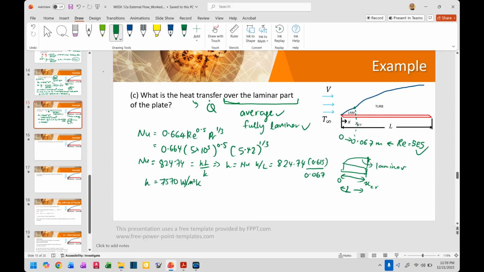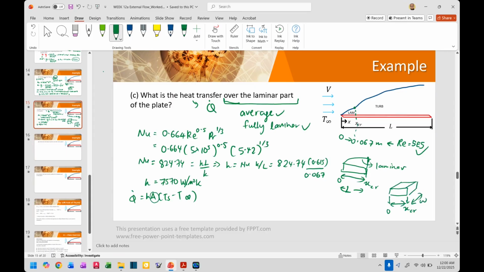Now, finally, you have to find Q dot, right? Q dot equals HA times Ts minus T infinity. Now, you have to be careful. This area is not simply width times length of the entire plate. We have now considered the width times length of the plate up to the XCR. So you must multiply this much by this much instead of the actual L by the width. So this much is width, this much is XCR.